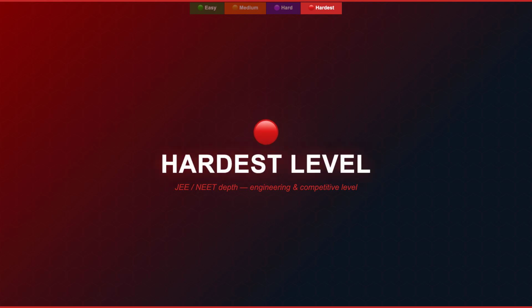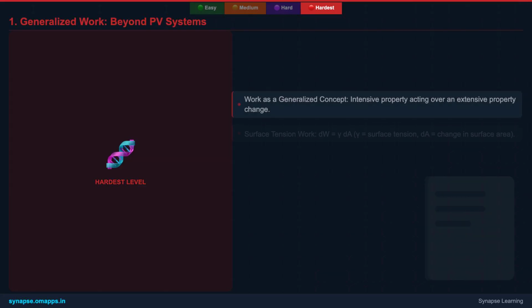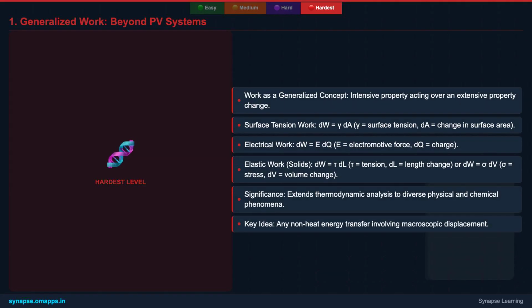Now, let's explore work at the highest level, connecting it to advanced concepts, real gases, and engineering applications. Beyond simple pressure-volume work with ideal gases, thermodynamics recognizes various forms of work. For instance, surface tension work involves changes in surface area, calculated as gamma dA, where gamma is surface tension.